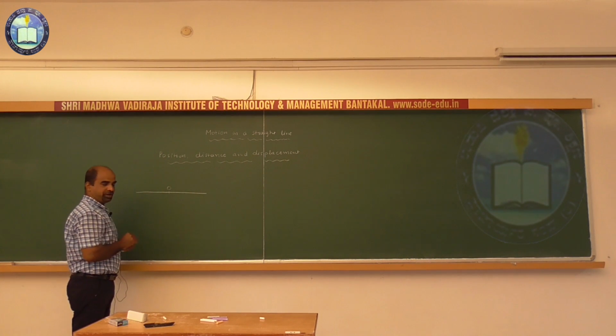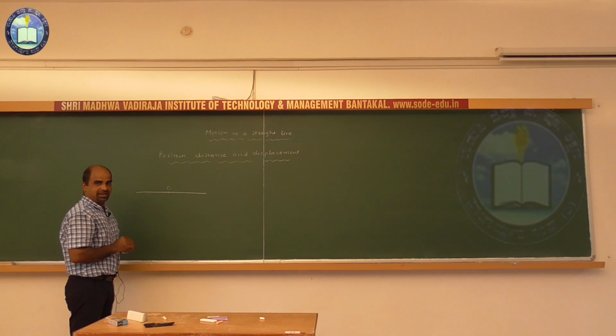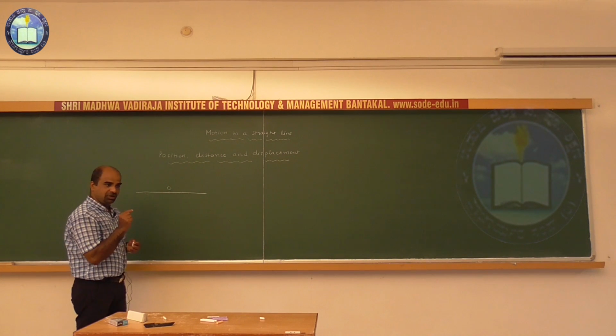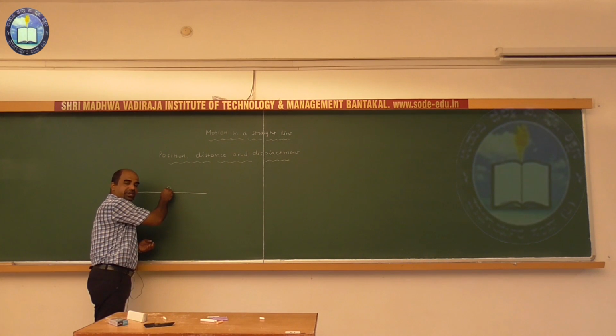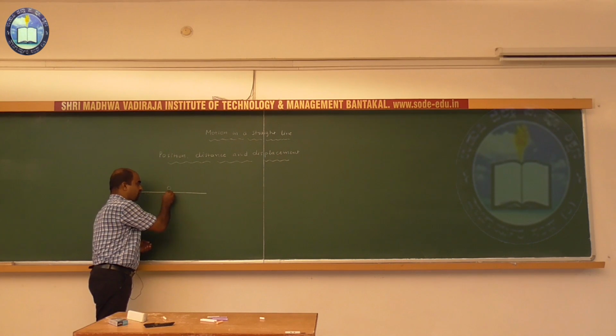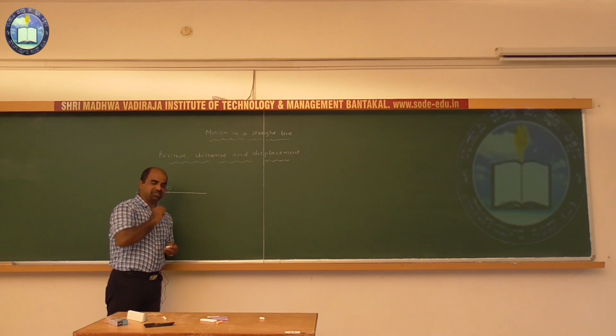Left of the reference point is taken as positive and right to the reference point is taken as negative. Therefore, position of a moving body may be 0, meaning x coordinate. During the motion, x coordinate changes either along the positive x-axis or along the negative x-axis. We studied about this in our previous video.